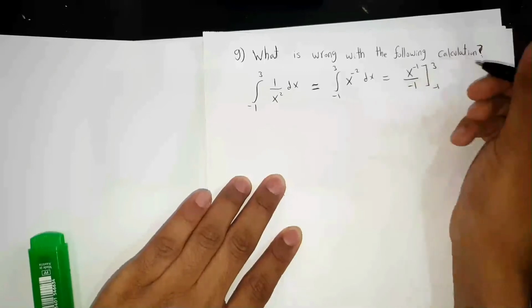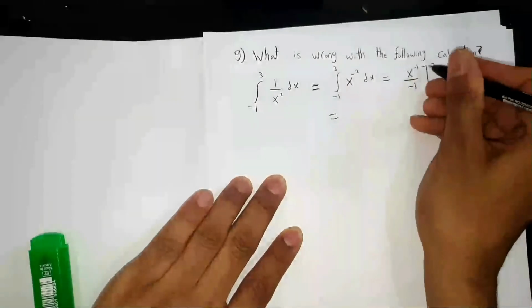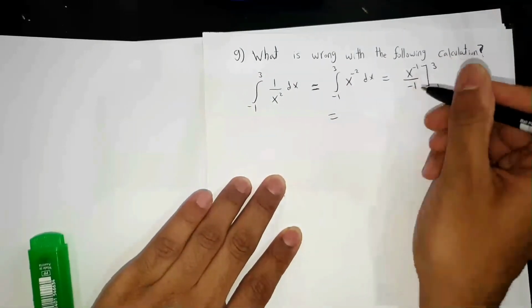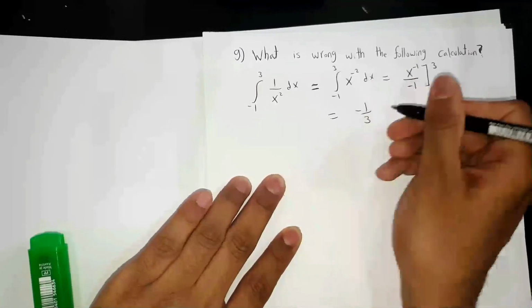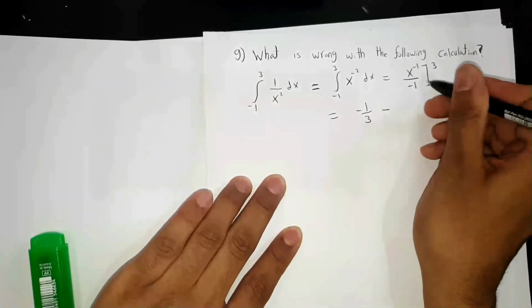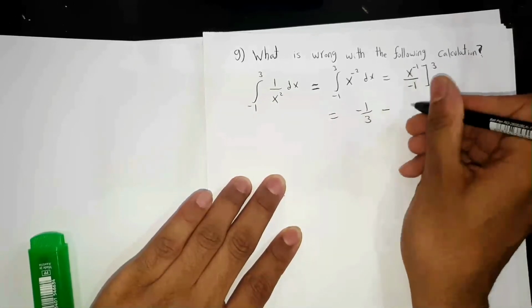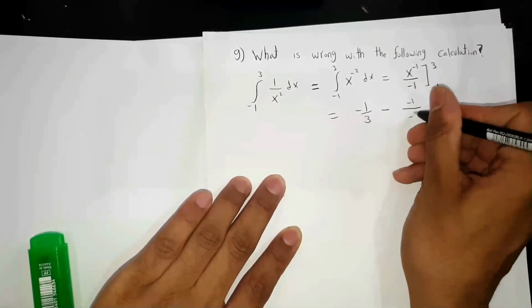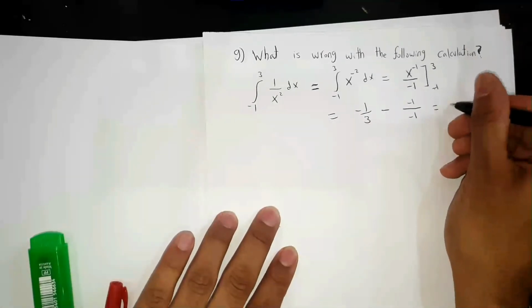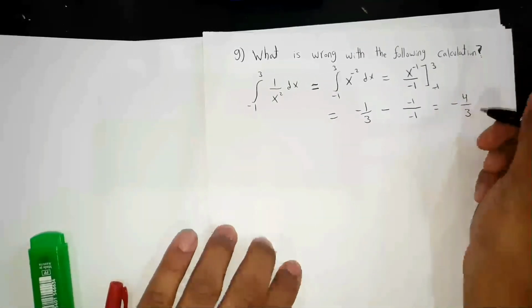Evaluate from minus 1 to 3. He said put 3, you will get 1 over 3 times minus 1, that is minus 1 over 3. Minus, substitute here, you will get minus 1 to the power minus 1, that is minus 1 over minus 1. The answer will be minus 4 over 3.